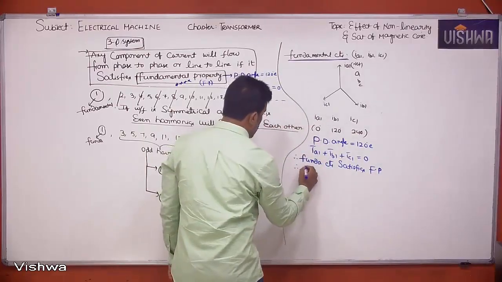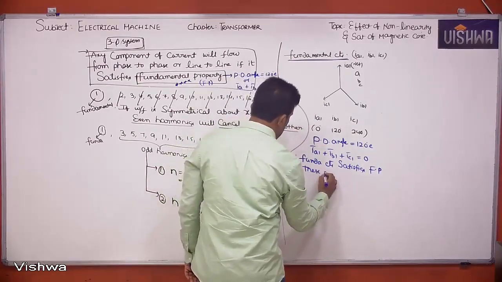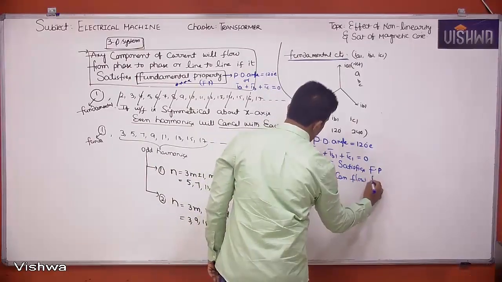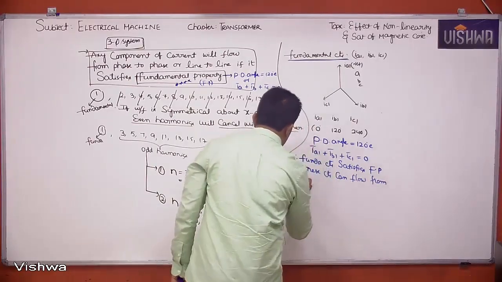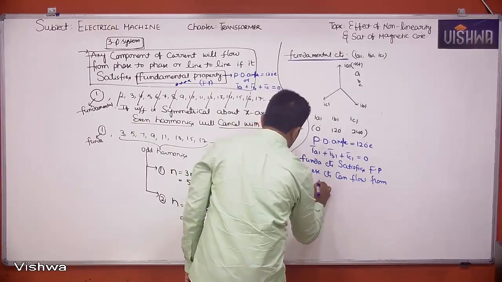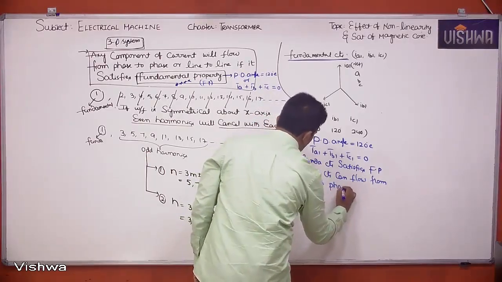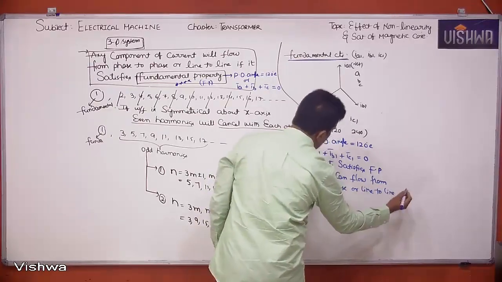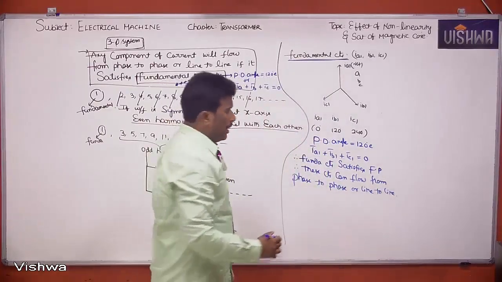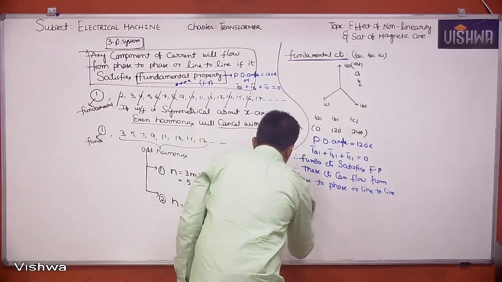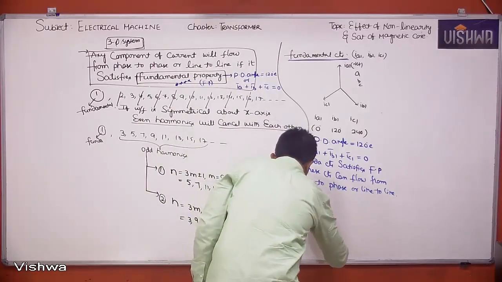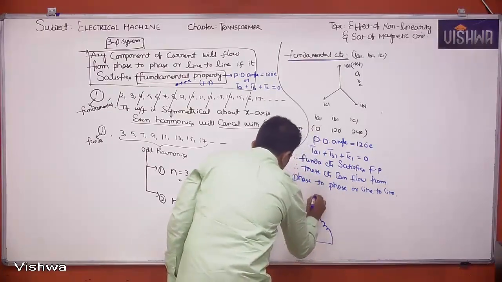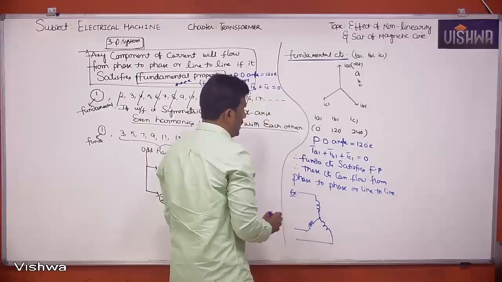Therefore, these currents can flow from phase to phase or line to line. Example, if you take a star connection like this, since it satisfies the fundamental property, they will have flow from phase to phase or line to line.